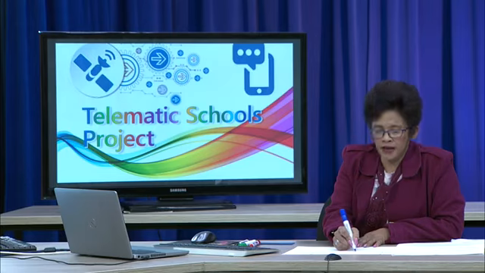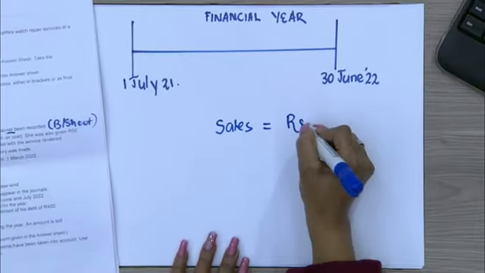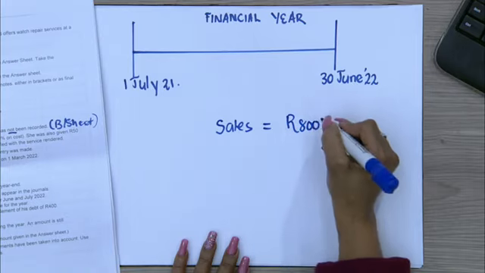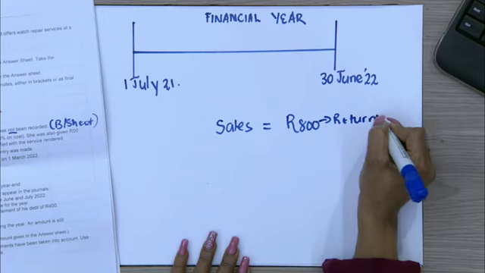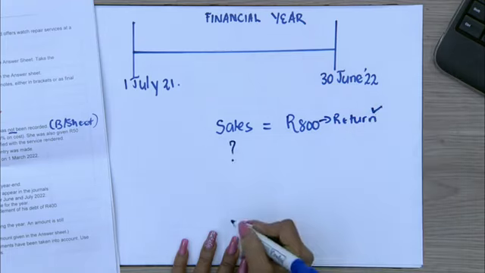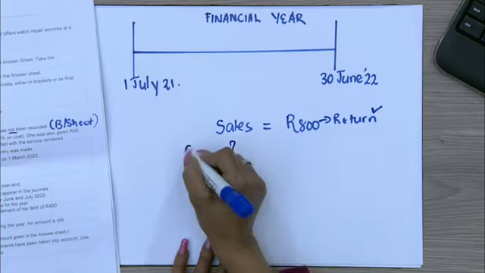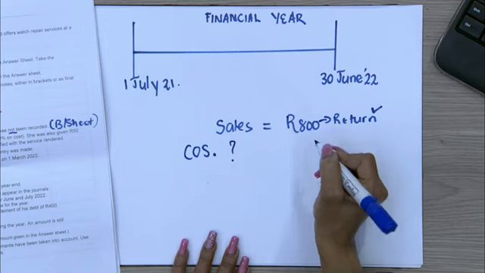So my sales was equal to 800 Rand. And remember, that was a return by the debtors. We've completed that. We now need to find out what is the cost of sales of that amount because it is impacted.